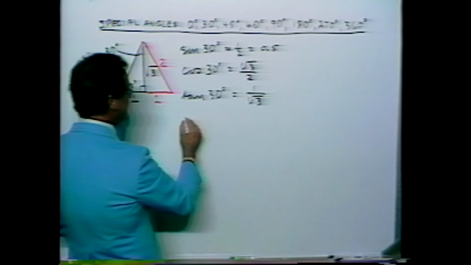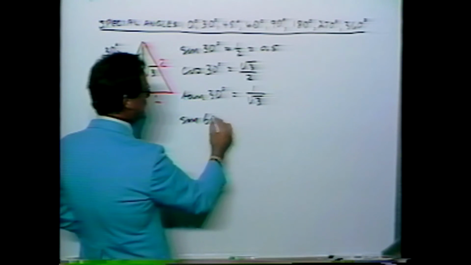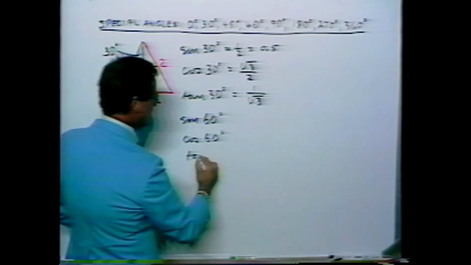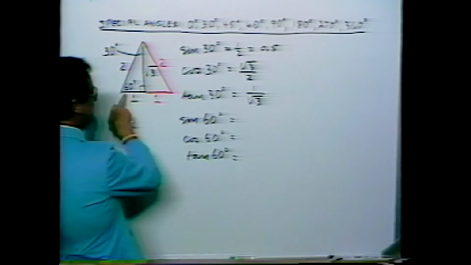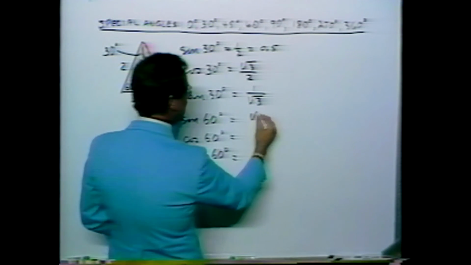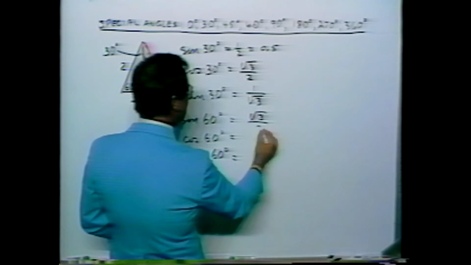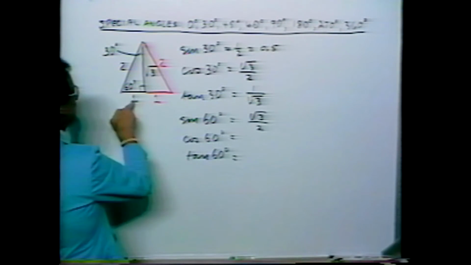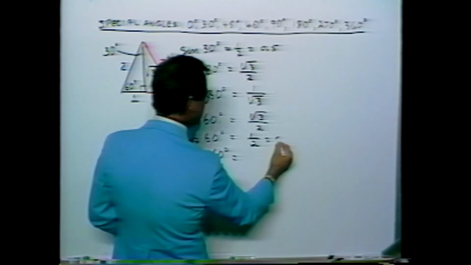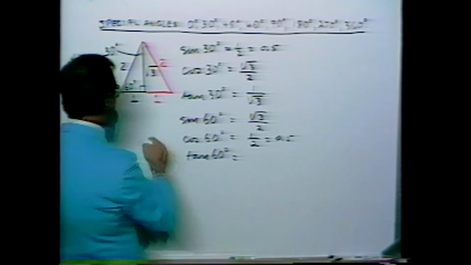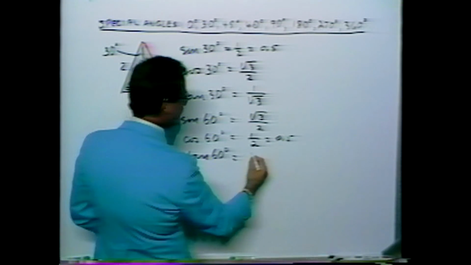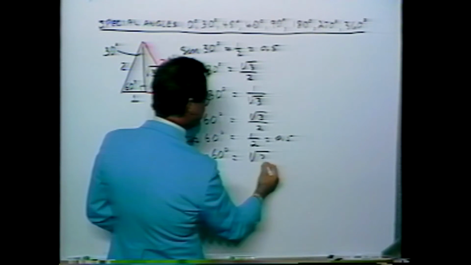To continue, let's look at the sine of 60 degrees, the cosine of 60 degrees, and the tangent of 60 degrees. Sine of 60 is opposite over the hypotenuse, and so that's the square root of 3 divided by 2. The cosine of 60 is 1 over 2, or a half, or I should say 0.5. And finally, the tan of 60 degrees is the square root of 3 over 1, or simply the square root of 3.